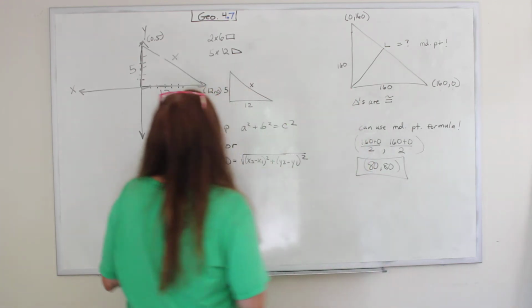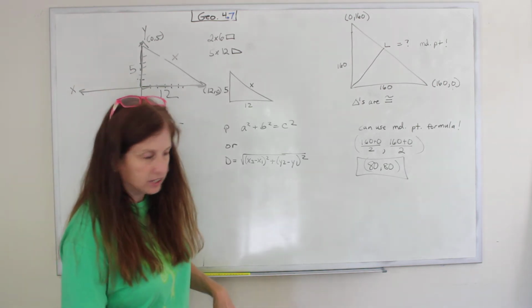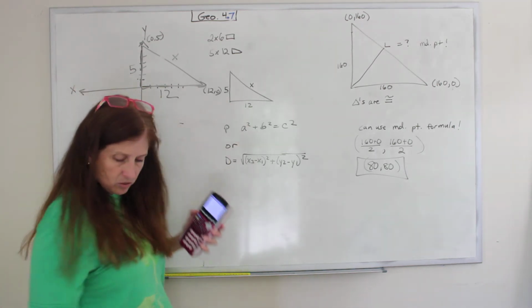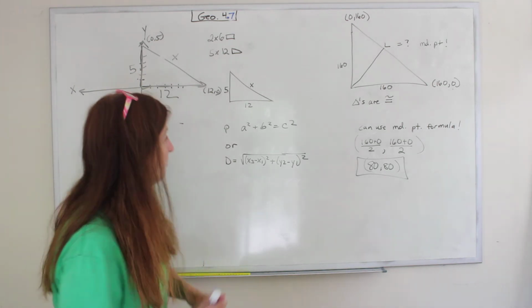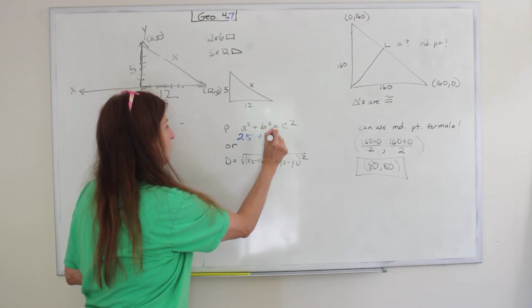Okay? All right. So these are the ways we could get that. We could do this on our calculator, not using a program. So 5 squared is 25. 12 squared is 144.